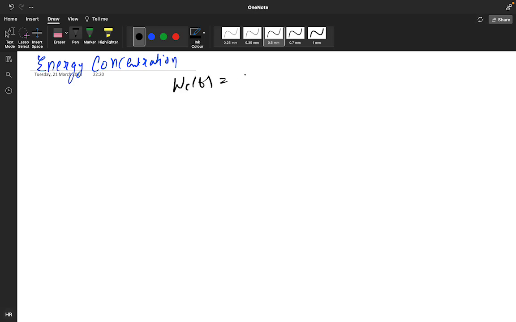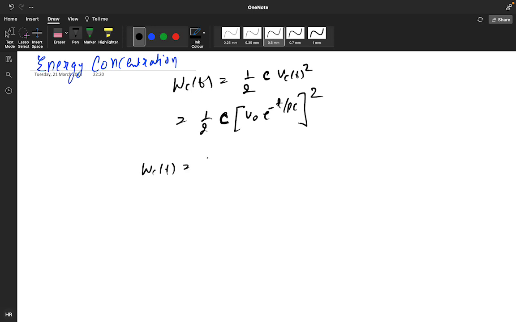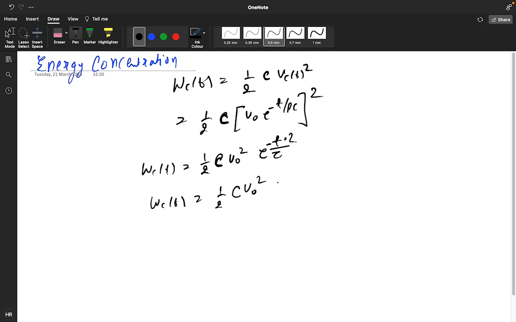We already discussed this, half C V square. So I'm writing Vc of t square. If you put the value of Vc of t, V naught e power minus t by RC, the whole square. So Wc of t is half C V naught square e power minus 2t by RC. I am writing RC as tau, so Wc of t is half C V naught square e power minus 2t by tau.